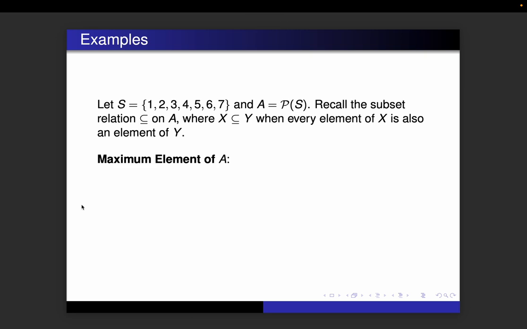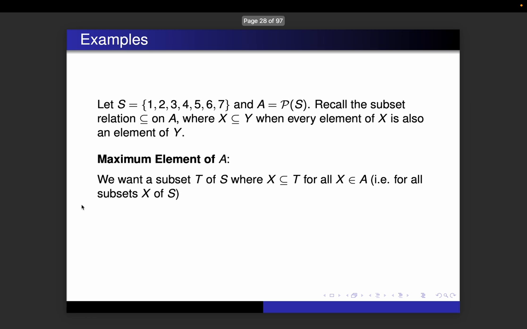This is going to be an element of A, so it's a subset of S that outranks every other element of A. So we want some subset T of S where X is a subset of T for all X in A. And if you do a little thinking about it, it looks like maybe S is the one that we're looking for. S is a subset of itself, so it's an element of the power set. And it seems likely that all other subsets are going to be contained in that.